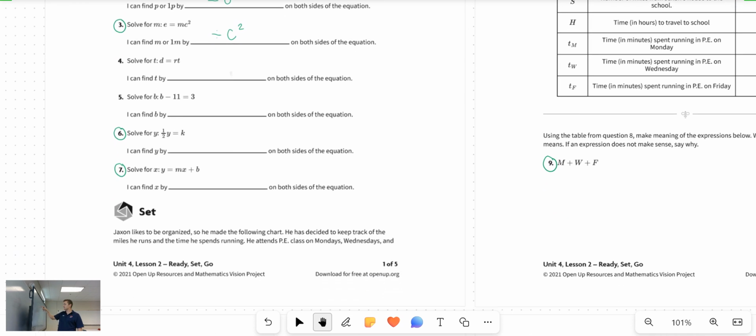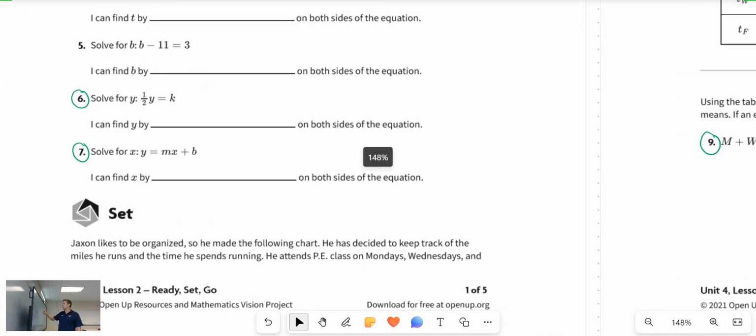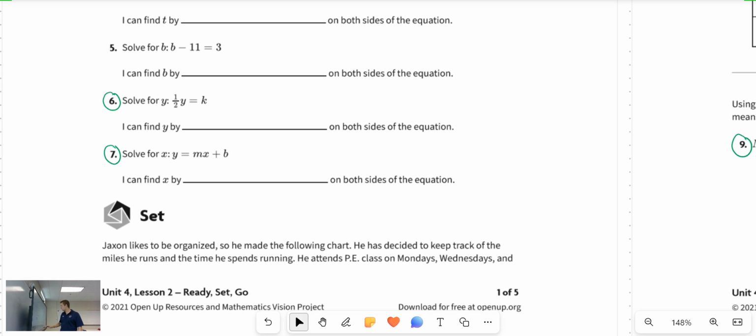All right, we're skipping 4, skipping 5, 6. Here we go. Solve for y. Ooh, this is an interesting one. We've got a fraction. Solve for y. 1/2 y equals k. I can find y by, well, it's 1/2 times y. So if it's times, then we would say, oh, we have to divide by something. We could divide by 1/2, right?